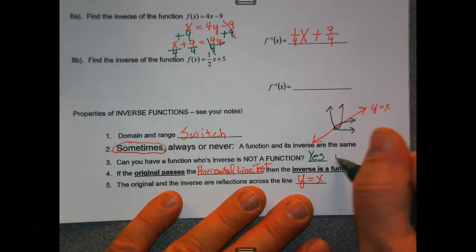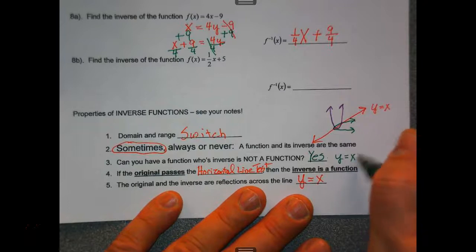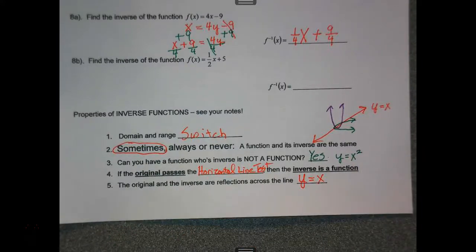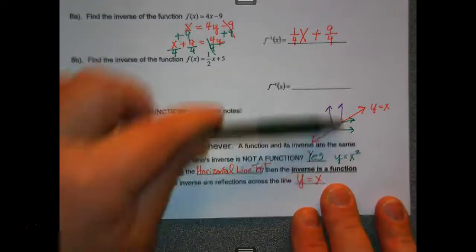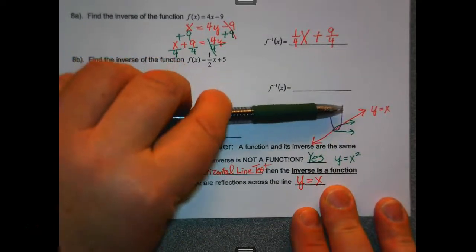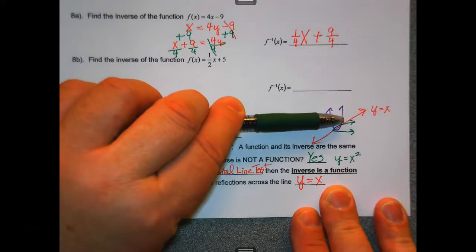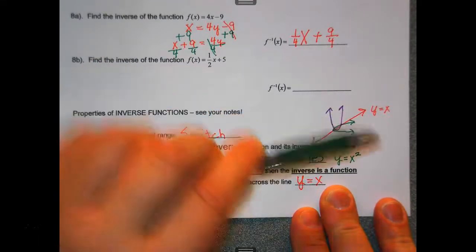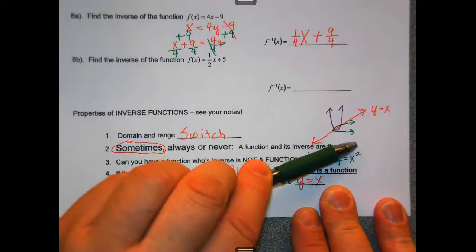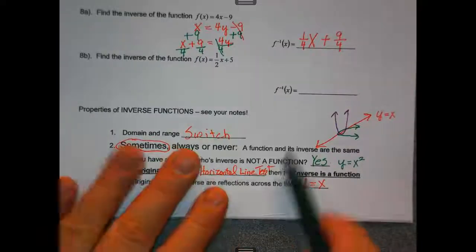Y equals x squared is a perfect example. My original parabola does not pass the horizontal line test, so you know the inverse is not going to be a function. The original is a function.